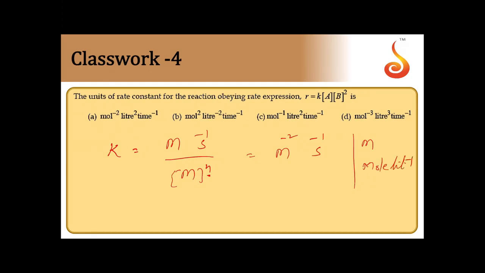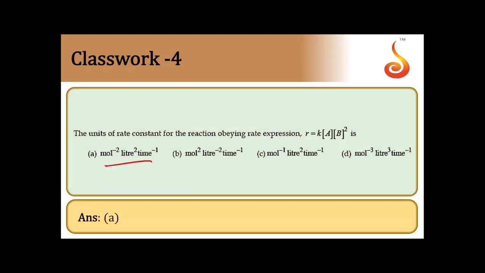Substitute the value and you are going to get mole to the power of minus 2, liter square, and seconds inverse, which is nothing but time inverse. Answer A: mole to the power of minus 2, liter square, time inverse. A is the answer. Next one.